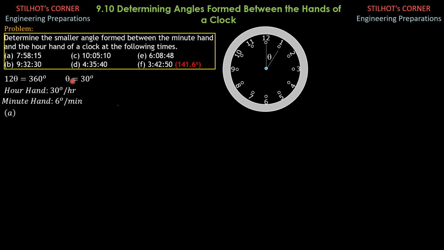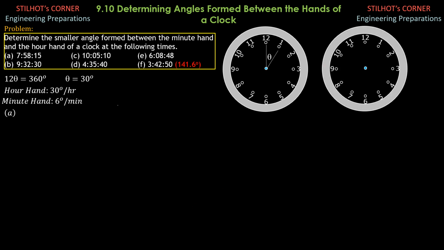So for part A, we need to have a clock, and let's have the reading 7:58:15. That means the hour hand is now almost pointing to the 8 mark, but before 8, and the minute hand is almost pointing to the 12 mark. We call this angle alpha.